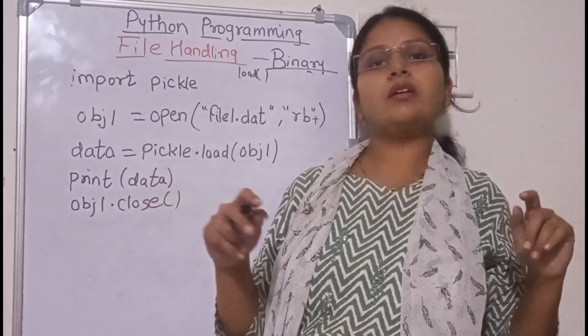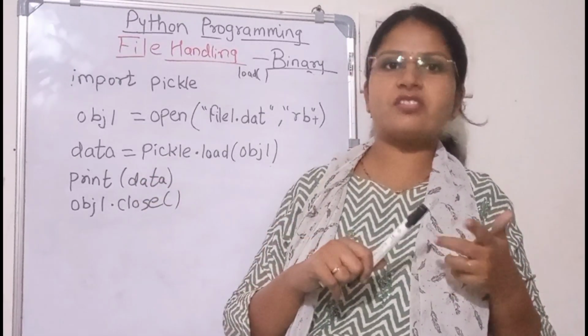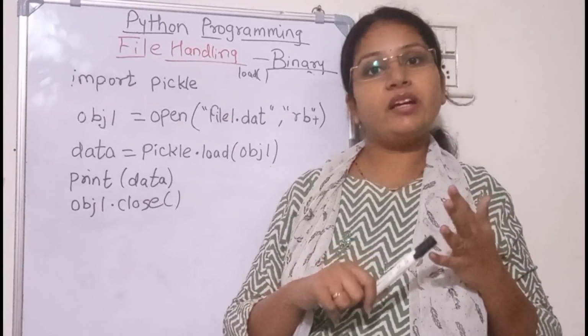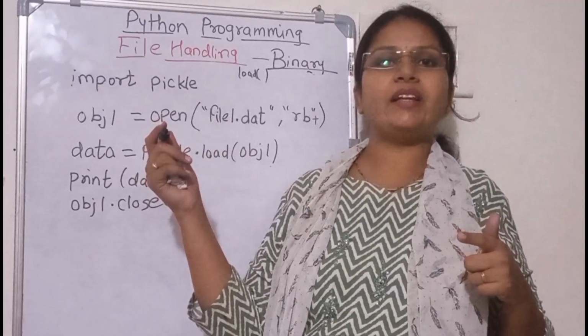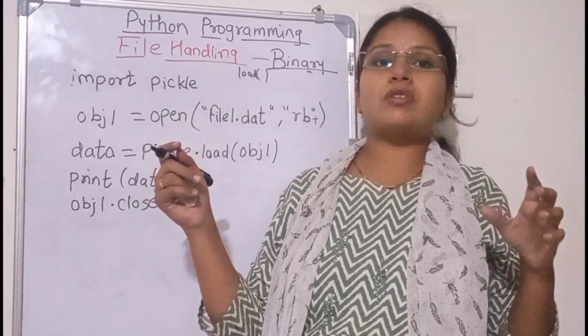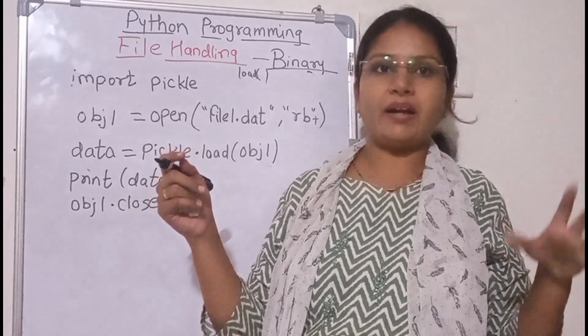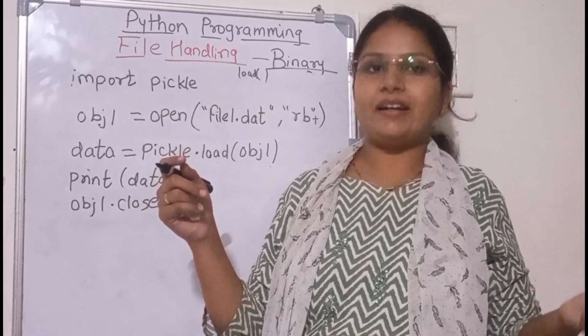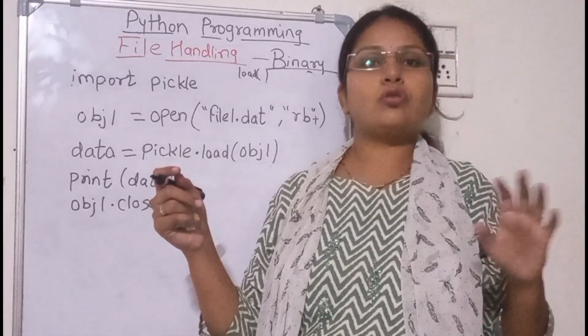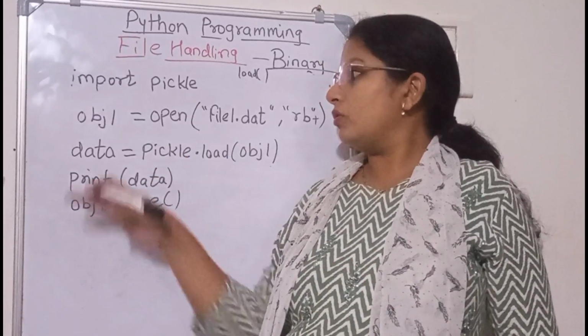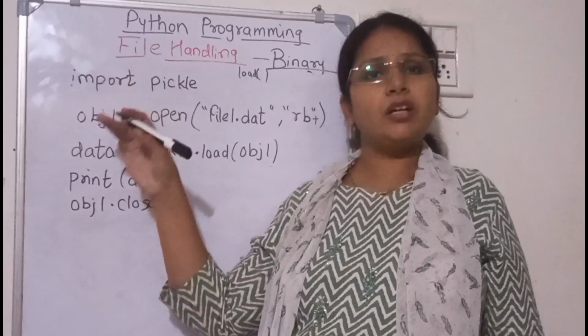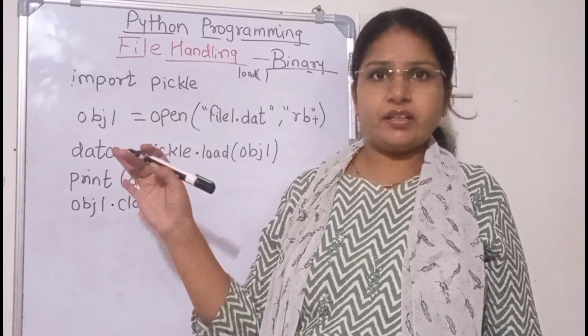Once we are done with the advanced data structures in Python, list, tuple, dictionary, etc., then we can again revise this file handling part, because those are very useful for creating binary and CSV files and handling them in Python. Those are very interesting concepts. Now till then we have learned the text file and binary file.